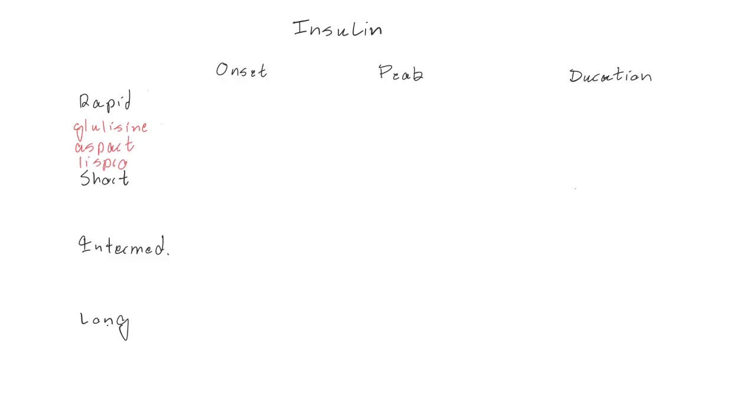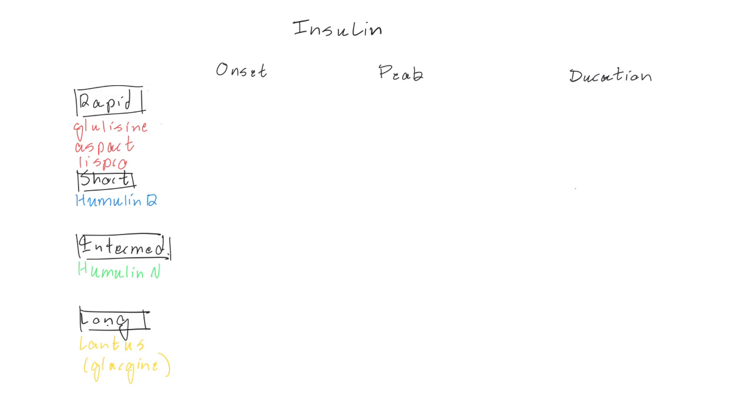Short-acting insulin is Humulin R, intermediate-acting is Humulin N, and the long-acting is Lantus, also known as glargine. I'm writing out both names for it here because I don't want you to get glargine and glulisine mixed up. People get those mixed up a lot. Wherever you work might have different brand names, but this is just to get you started to be able to list the insulins in each class.